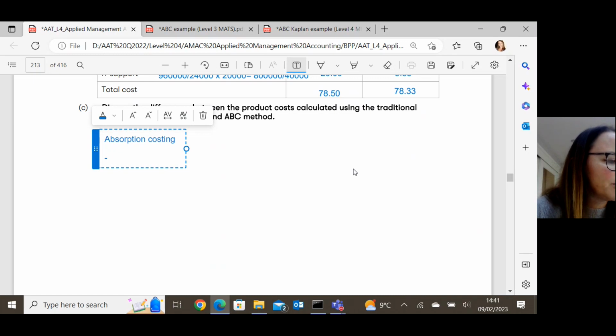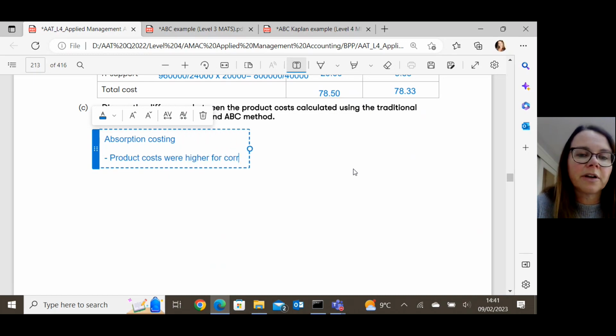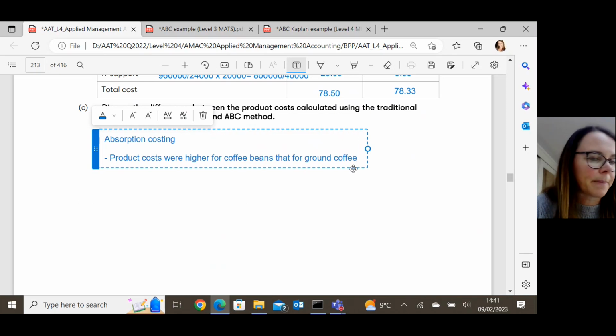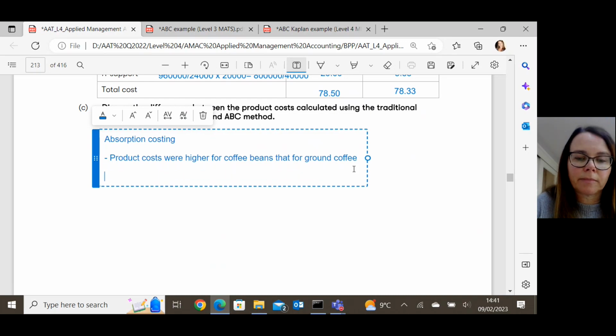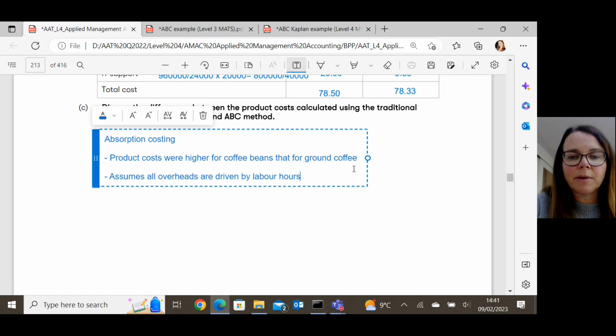So we can see with the absorption costing, the product costs were higher for coffee beans than for ground coffee. The absorption costing assumes all overheads are driven by labour hours, which is unrealistic.